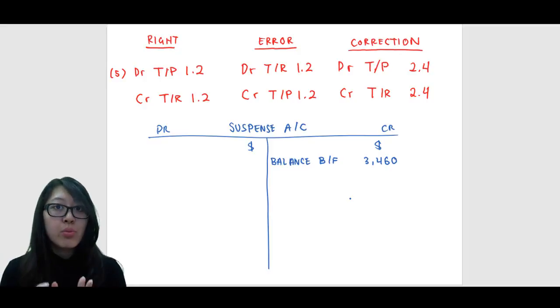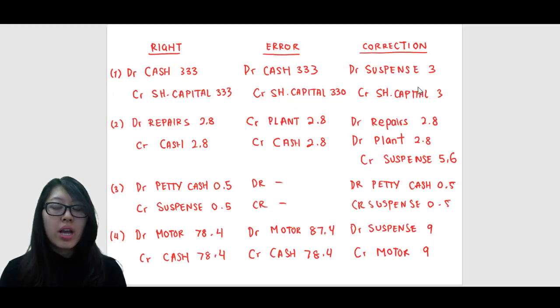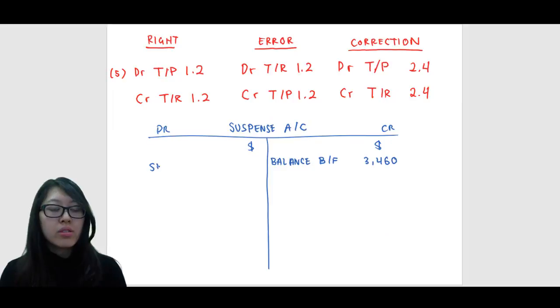Let's figure it out. Let's input the correcting double entries. For the first error, we were supposed to debit the suspense account by 3,000 because we needed to credit the share capital by 3,000. So on the suspense account, it's going on the debit side. So I'm going to debit the suspense account because of the share capital error, and it's going to reduce by 3,000. Just a reminder that this is the first error.